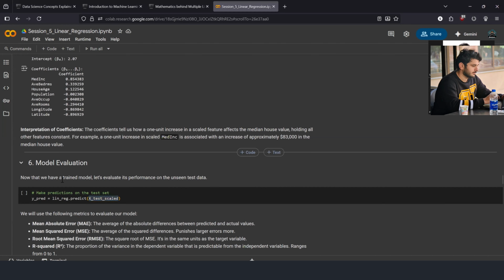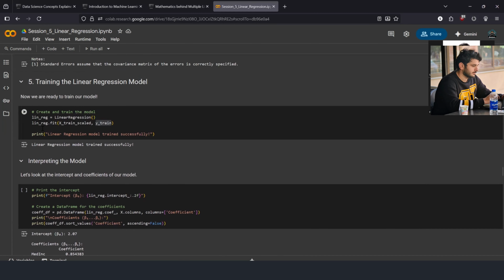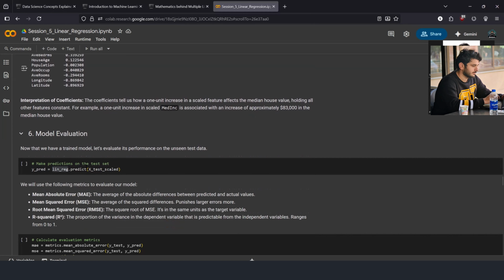So we will use the name of the model that we just created. Like in here, we just created this particular thing, linear regression is equal to LinearRegression, and fit the model. It will automatically save the model under the name that we gave, right? And we can use that name to get the predictions. In prediction, we are specifying that we are giving it independent variables from the test set and it predicts the values.